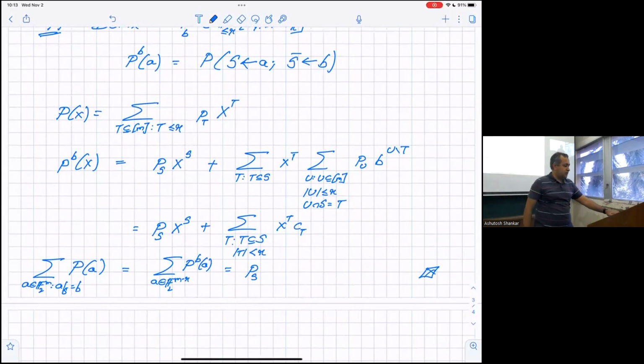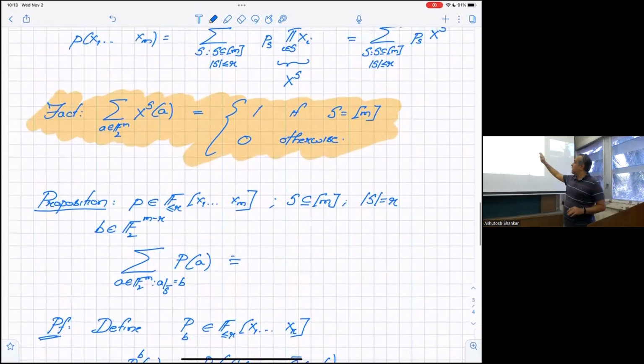Because we are now reduced. So let's recall, let's see why this fact is. So look at this fact. If it's a complete monomial, if you are working over an m variate space, when you sum it up over all evaluations of that monomial over the space, you get 1. Any other monomial, when you sum it up, you get 0.